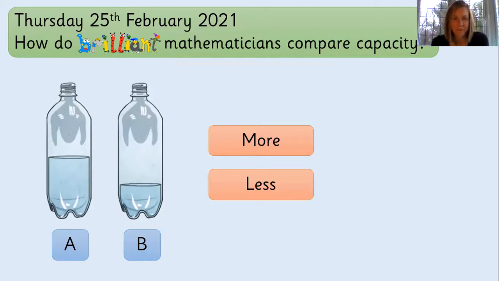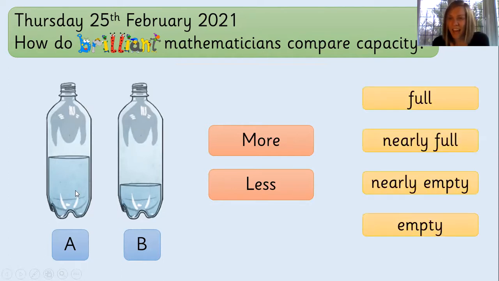So let me try. I'm going to have a look at bottle A and B, and I am saying A has more water than bottle B. I could turn it round and say bottle B has less water than bottle A.